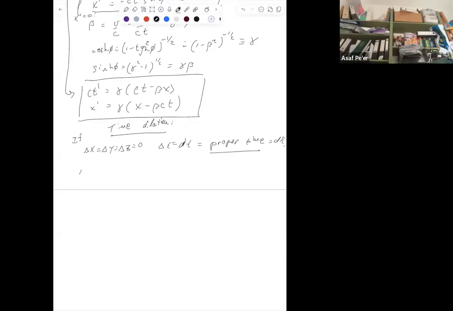Then we have delta tau squared is just minus delta s squared over c squared, minus 1 over c squared eta mu nu delta x mu delta x nu.